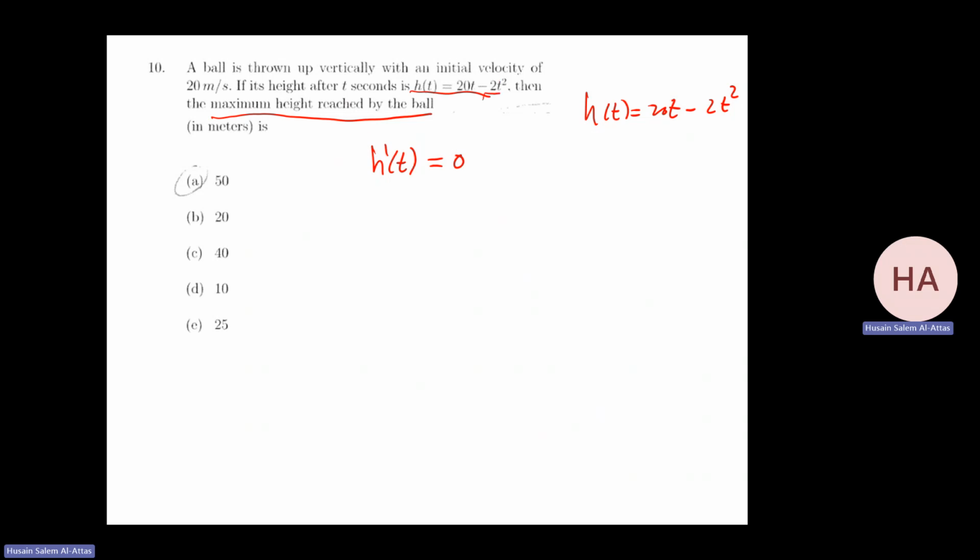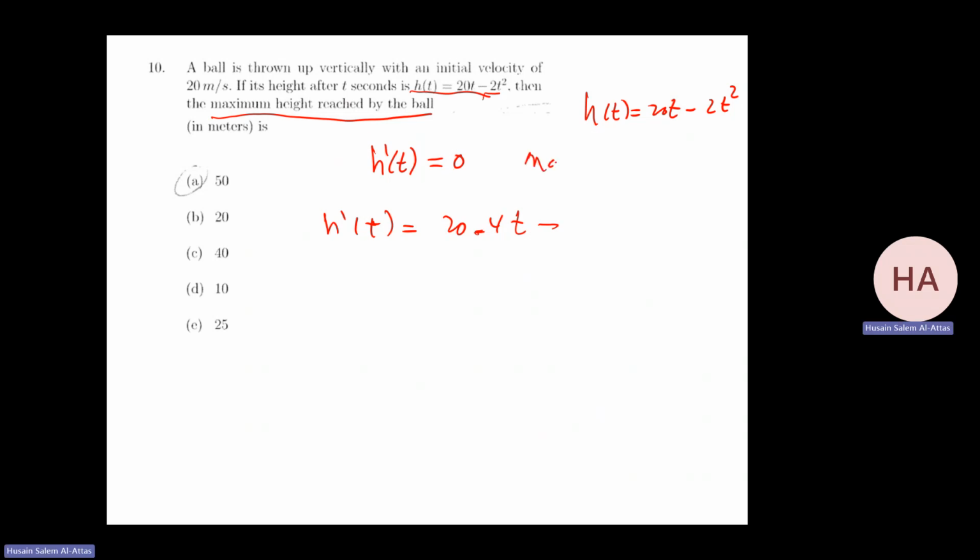The function is just a parabola. So h prime will be what? Will be 20 minus 4t.